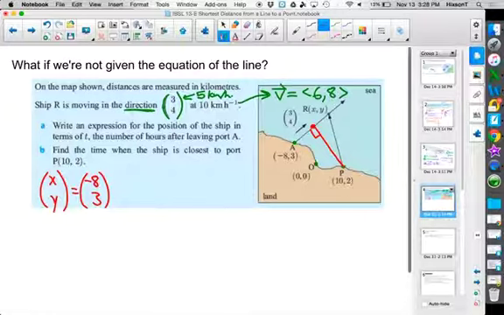Okay, so that's our position vector relative to the origin, -8,3. The velocity vector is 6,8, so it's plus t times 6,8. Okay? So there is the expression, or the vector equation, really, for the position of the ship in terms of t.